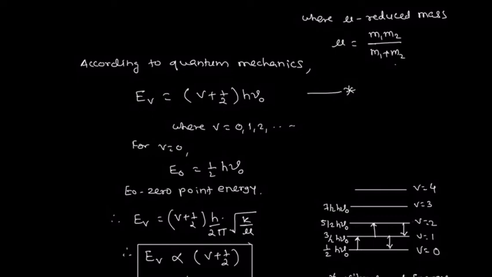The separation between two energy levels is very small and is found to be of the order of 10 raised to minus 1 electron volt, or 0.1 electron volt. The separation remains constant, since the lines are equispaced, the separation between two consecutive energy levels being h nu 0. Hence, all energy levels shown here are equispaced.